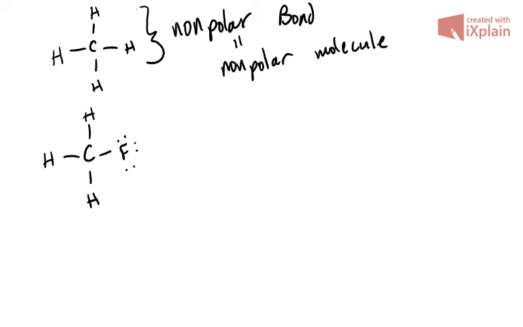So Grace, where would the partial negative charge be? On the fluorine. We would end up getting a partial negative charge on the fluorine side of the bond, and then the partial positive would be on the carbon side of the bond.